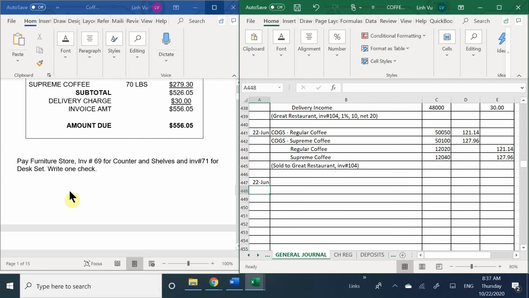Write one check. My thoughts: accounts payable and checking. Good. Accounts payable because we're reducing what we owe, and checking because we wrote a check.